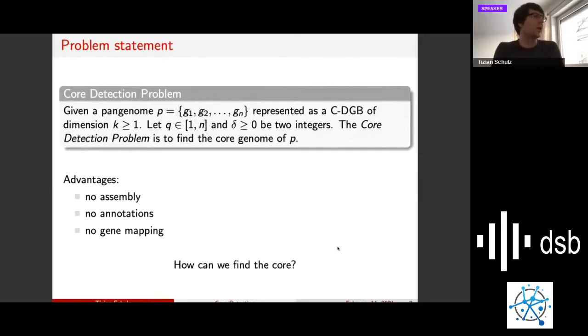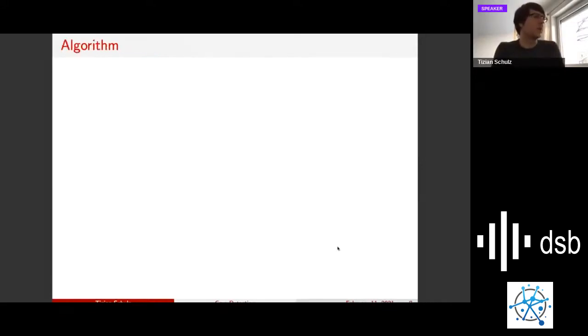But how can we actually find such a core? First of all, for the set of core k-mers, this is quite easy. We just have to iterate over the graph, and for each k-mer count the number of colors it has. But for the bridging k-mers, this is a little bit more challenging.